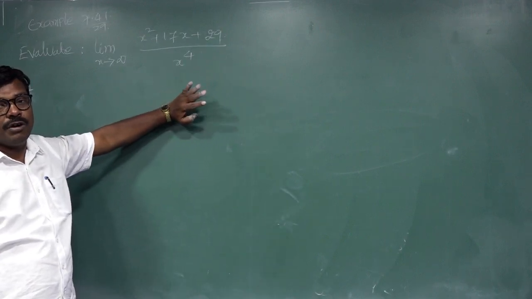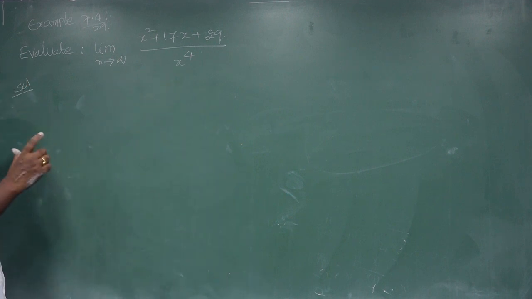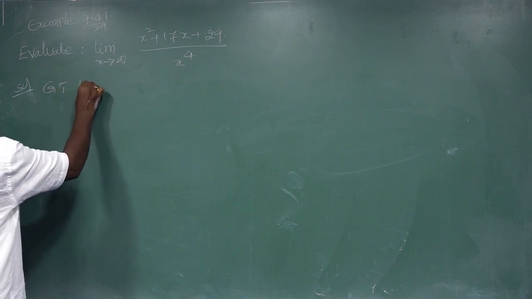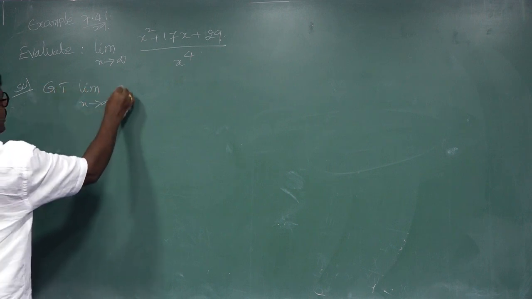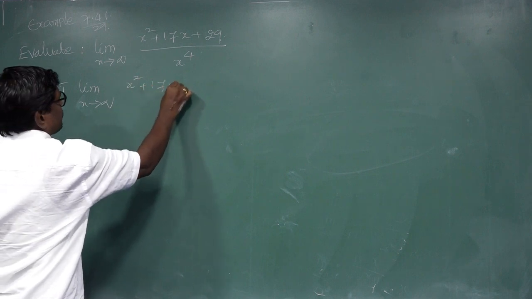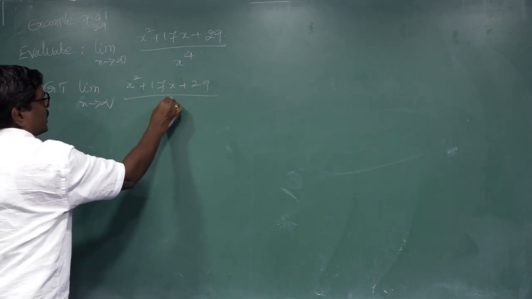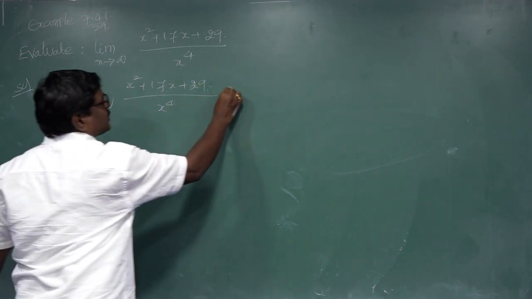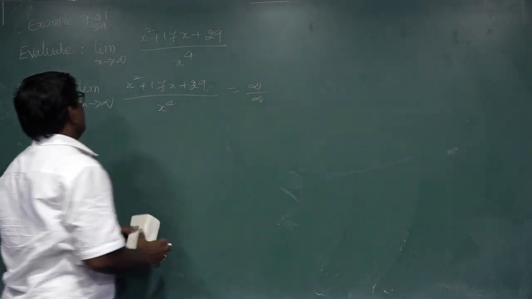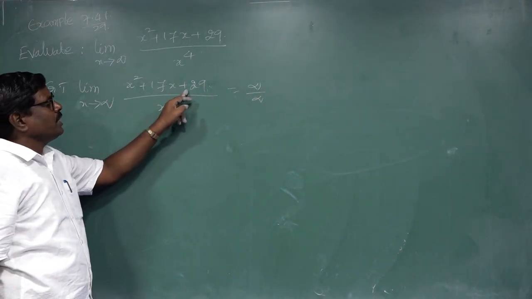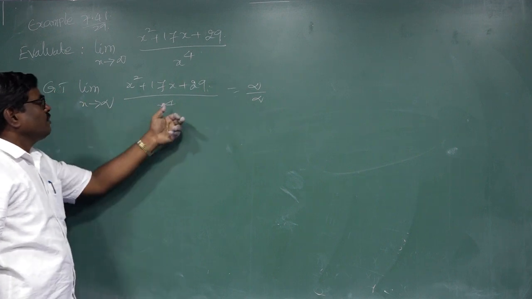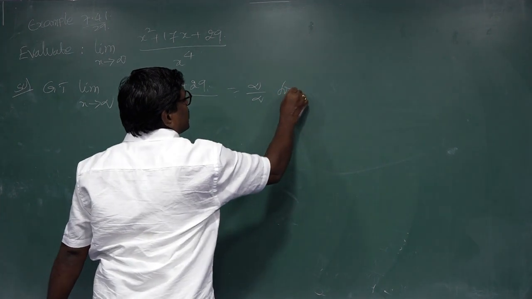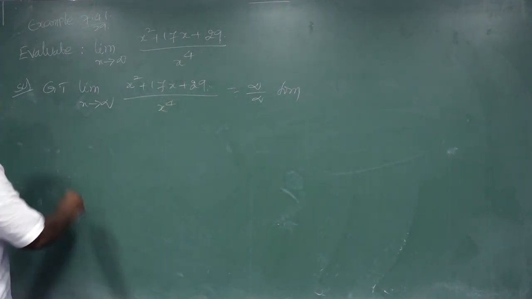This is an indeterminate form, so the L'Hospital rule is applied. Infinity square plus 17 infinity plus 29 is infinity, and x to the power 4 is infinity.